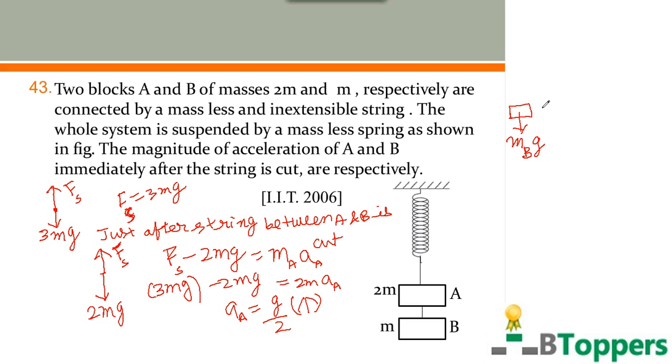That is the only external force acting on block B, just after the string is cut, and it is equal to its own weight. Therefore, it falls with an acceleration equal to the acceleration due to gravity. So the net force on block B is equal to its weight, which is equal to the mass of block B times the magnitude of its acceleration. So the magnitude of the acceleration of B will be equal to g, directed vertically downwards.